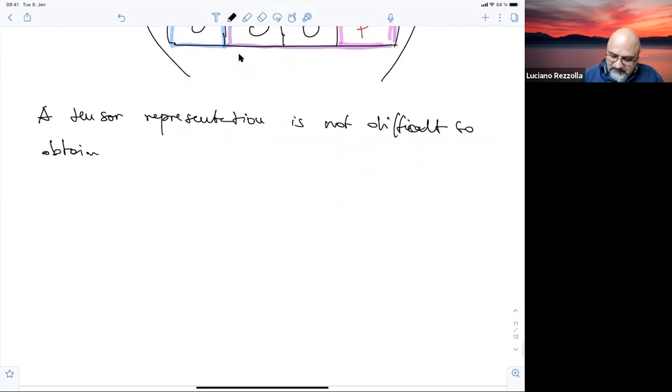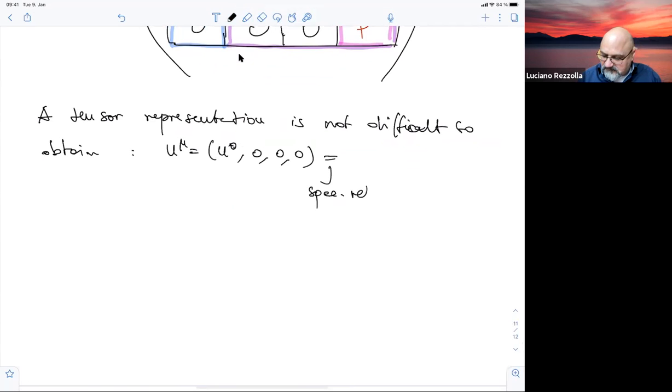And, you know, in the co-moving frame, u mu is just u0 0 0 0, or if you are in special relativity, this would be just 1 0 0 0.